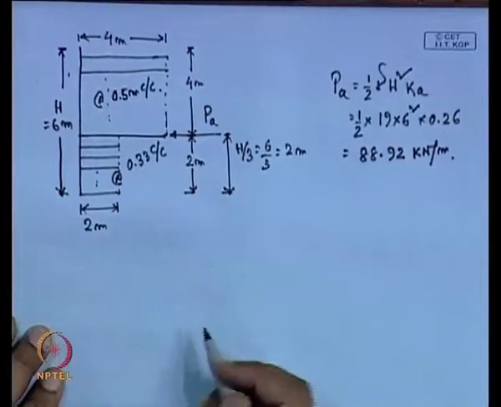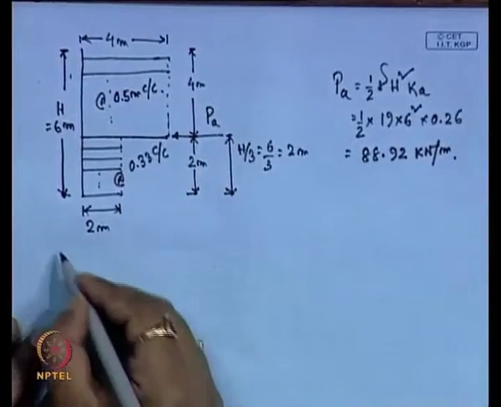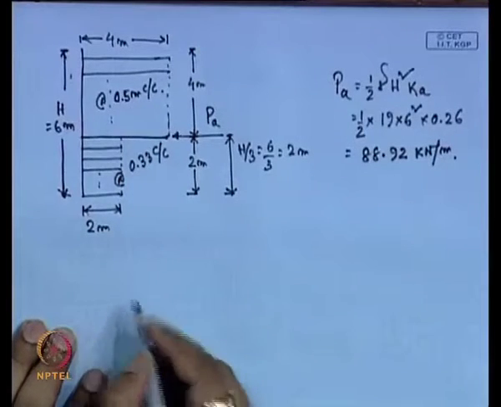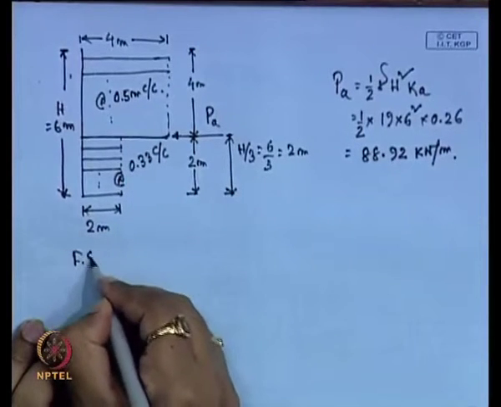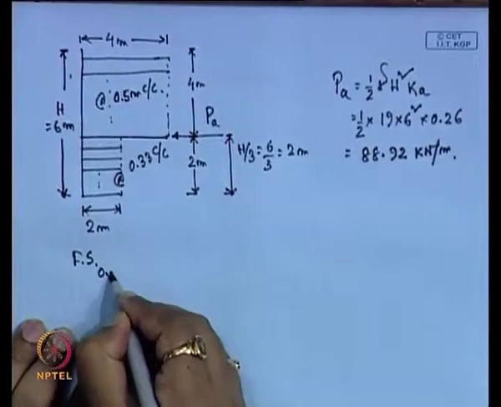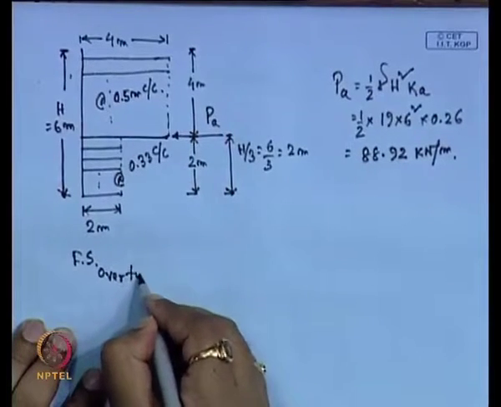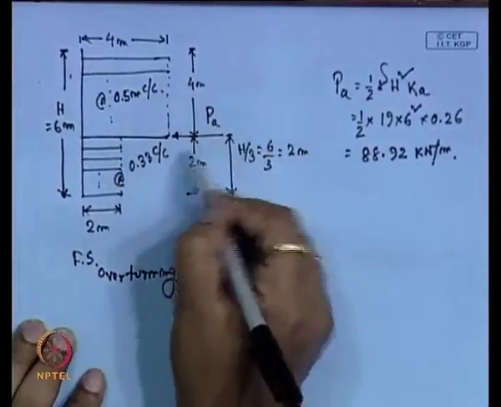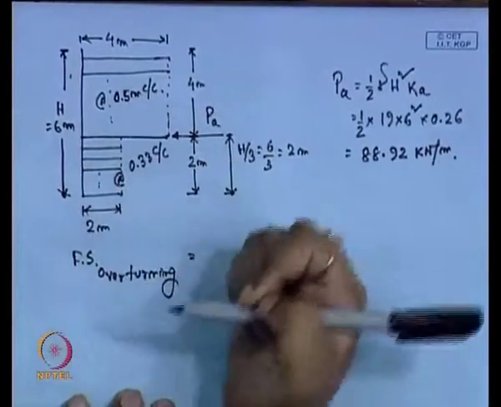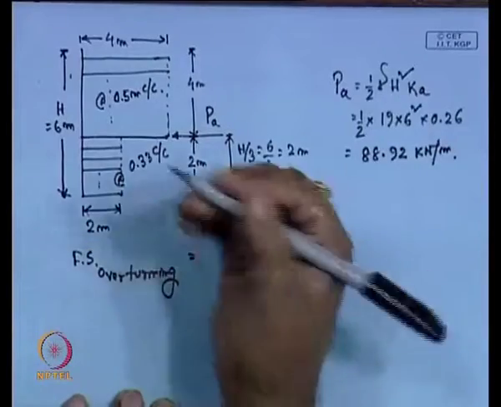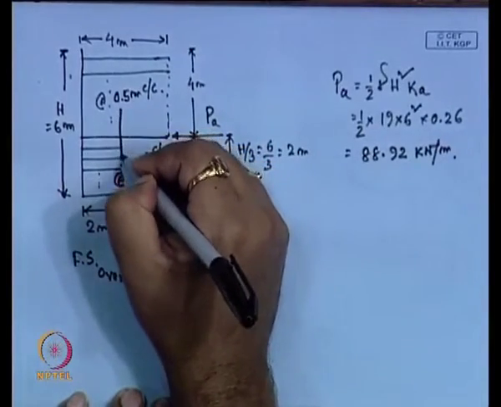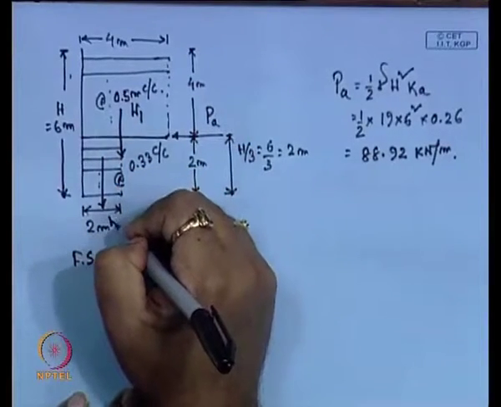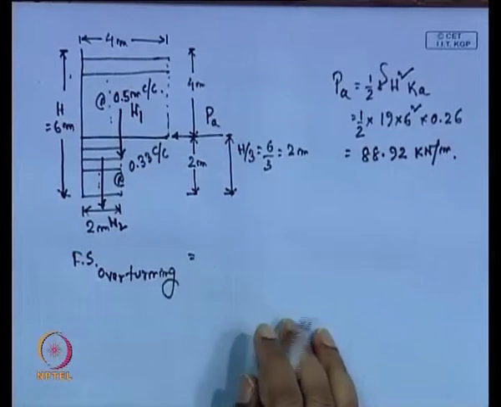Then, when we consider the factor of safety for overturning, the force P A is acting on this side, and the weight of the reinforced retaining wall is giving the resistance. So, here we will consider the weights W1 and W2, both of which are acting.